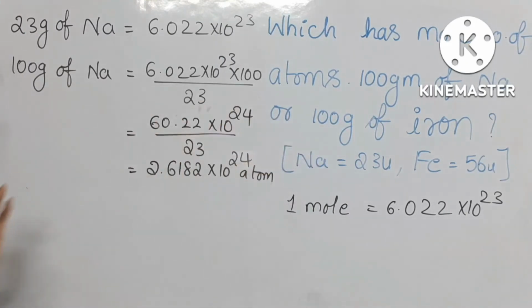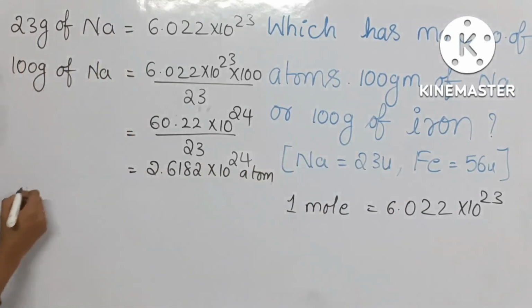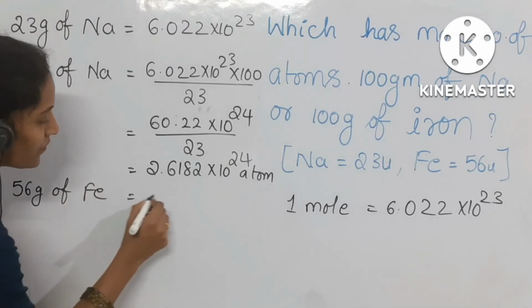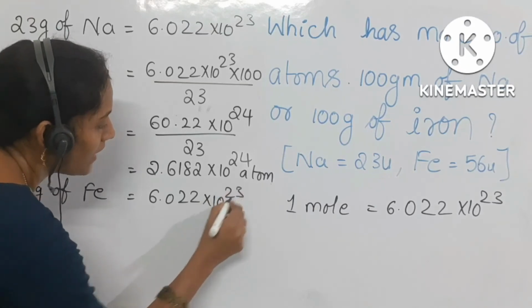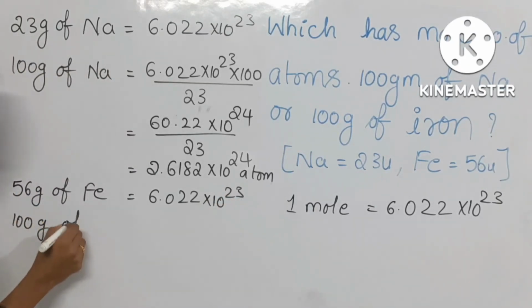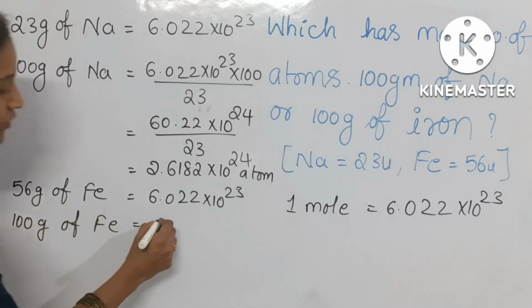Then coming to the 100 grams of iron. See, this is the iron's atomic mass. So 56 grams of iron equals the same 6.022 into 10 power 23 atoms. Then 100 grams of iron equals how many atoms, you should calculate.